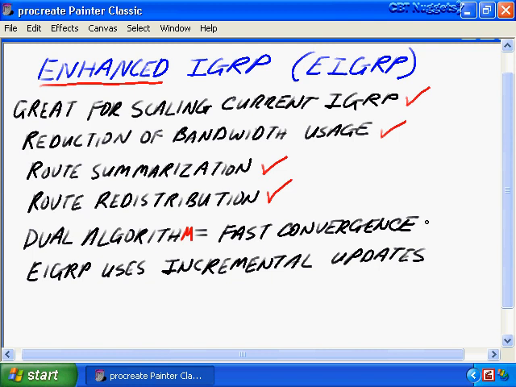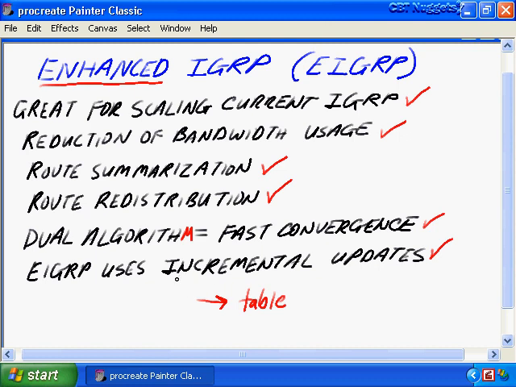EIGRP, like OSPF, also has a topology table, so it has a picture of the internetwork. It performs all the routing computations, provides a loop-free environment, and then it will ultimately inject this information into the routing table.